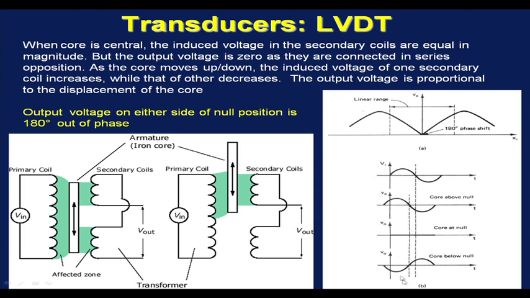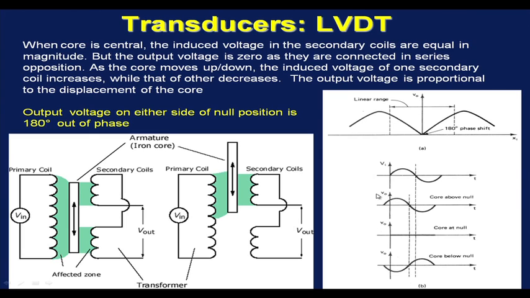Now, if you look at these plots, when the core is centrally located, output voltage is 0, because equal amount of voltages are induced in both the secondary coils, and since secondary coils are connected in series opposition, the output voltage is 0.